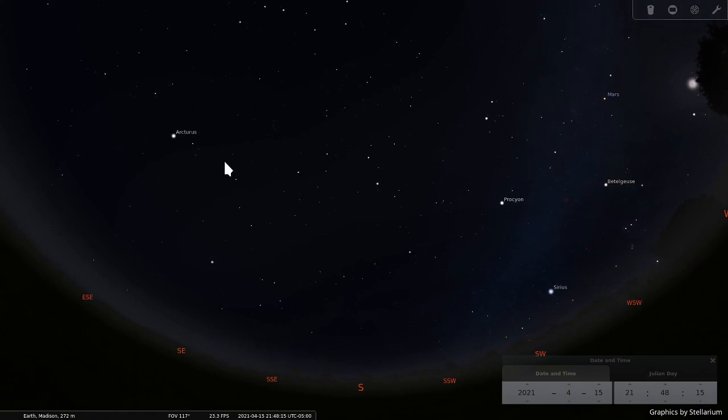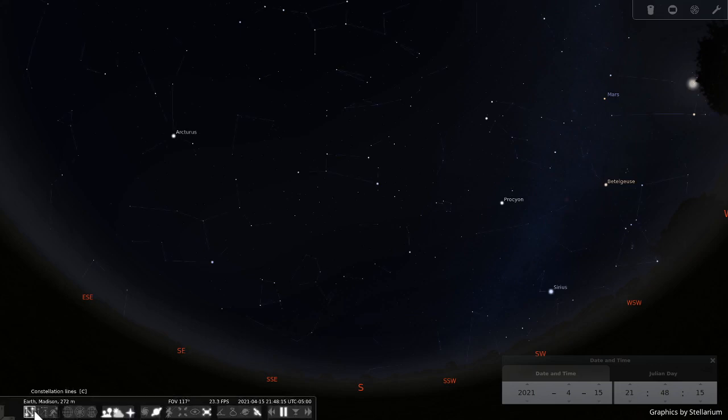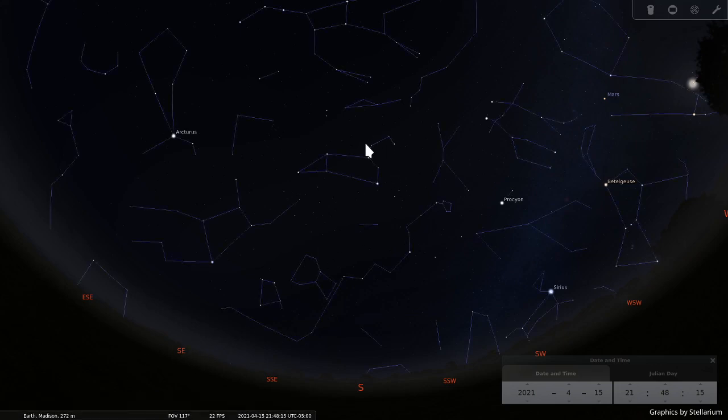I started off mentioning Leo, but I didn't talk very much about Leo. Again, very prominent this time of the year in the evening sky. You find Leo by looking for this backwards question mark shape, like this. And then back here you can find a very nice right triangle, and that makes the hindquarters of the lion.